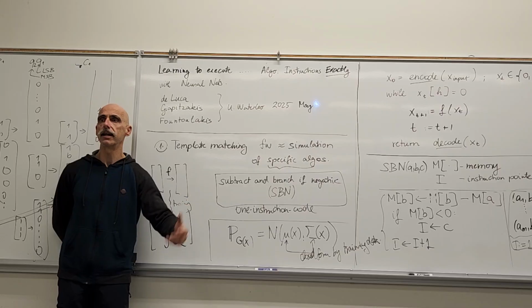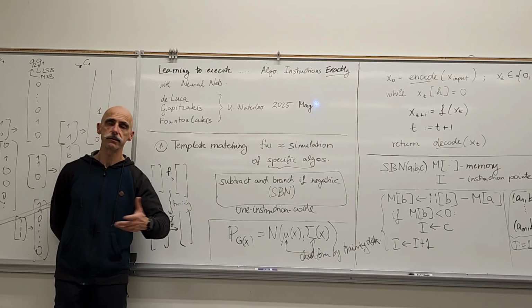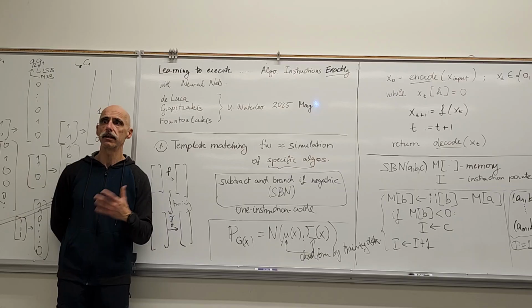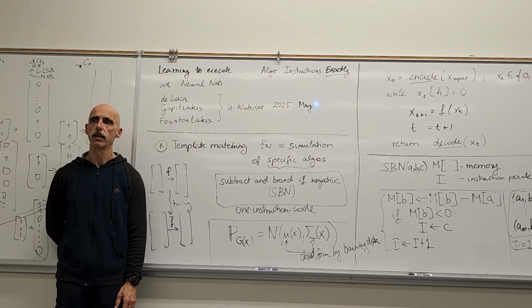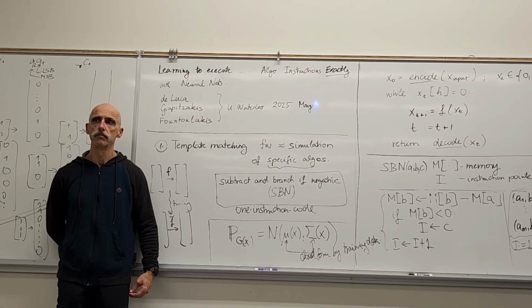Even this is not satisfactory at all because it only applies to this very specific encoding. And I guess the remaining problem is that since this is a finite state machine, it's got 2 to the n states, and in general the computation could be 2 to the m long. So you have to make sure that the error is exponentially small in the size of the memory to guarantee that you're getting good results at the end.